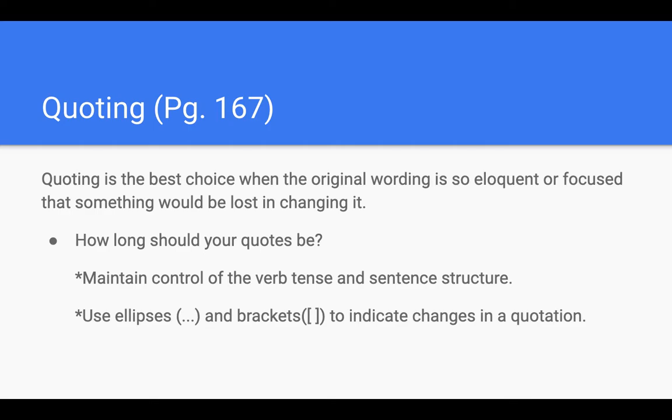If you just pull 3 words from a quote, it's going to be really confusing how that even fits into your sentence. You want to keep enough of it that the sentence makes sense. You can change verb tense or sentence structure to fit if you're starting the sentence in your own words and then moving into a quote. And you can look up the rules for this, but you can use ellipses or brackets to indicate I'm making some slight changes here so that it makes sense within my sentence.